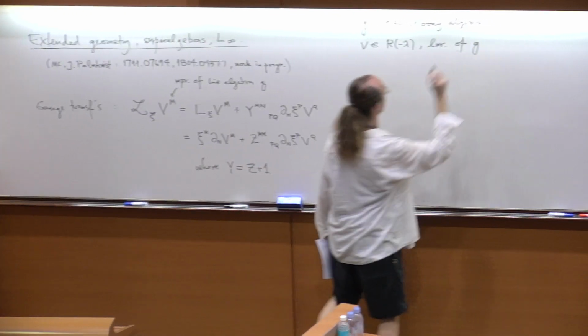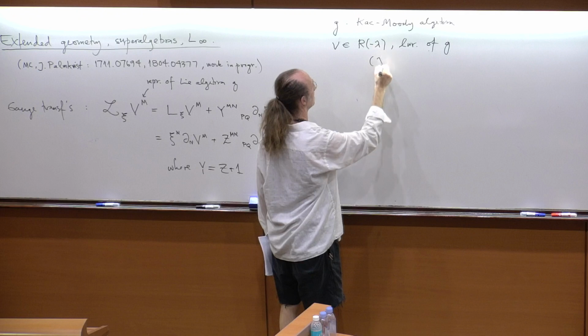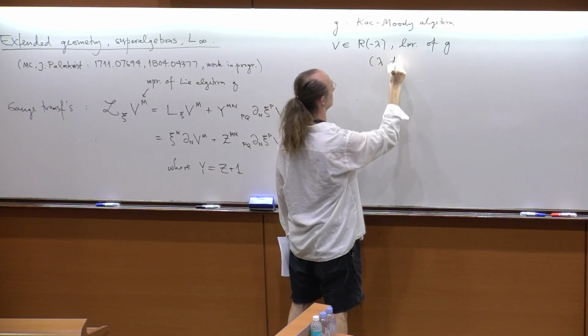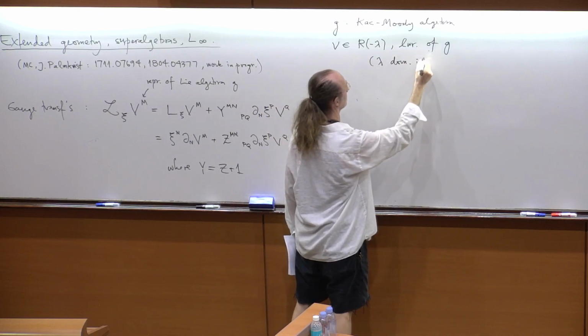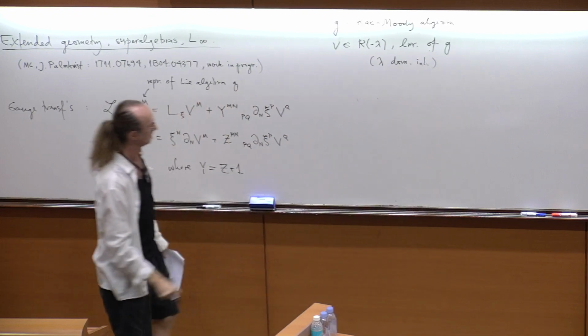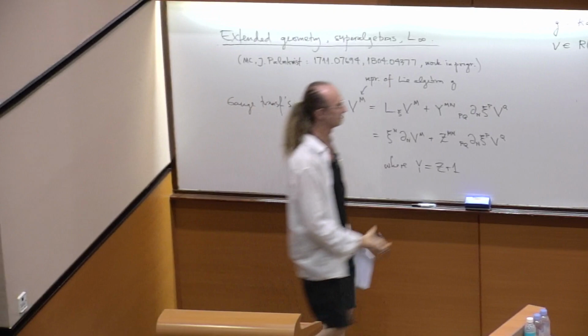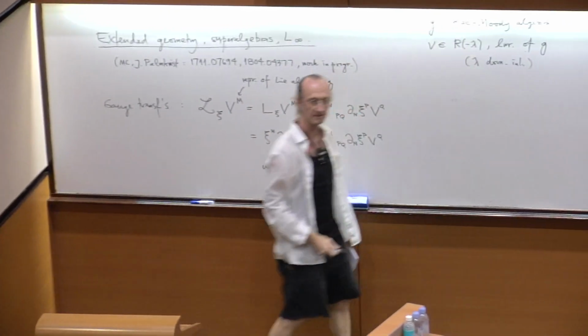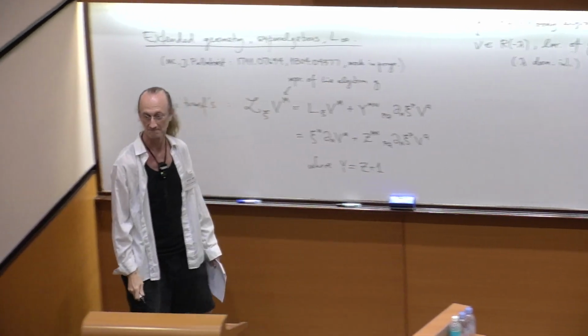So it's the lowest weight representation where lambda is dominant and integral highest weight. So this is just my private notation for lowest weight.